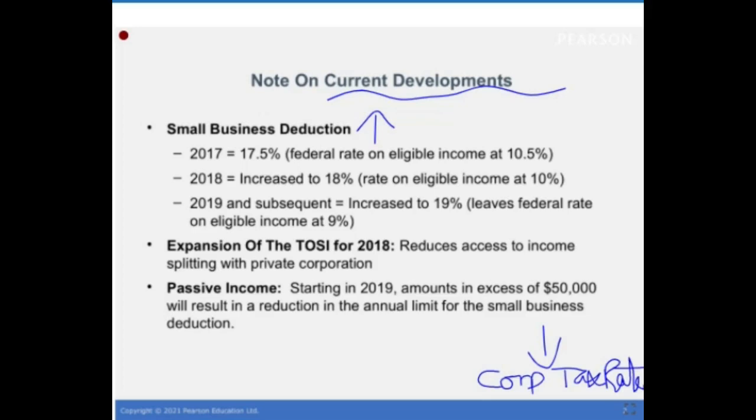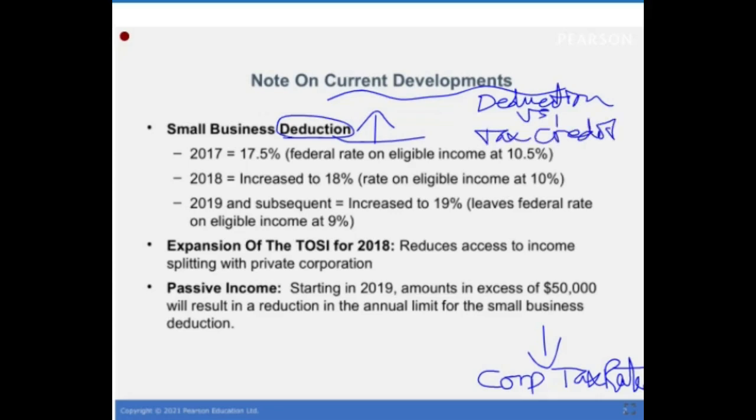So the small business deduction. If you had me in Tax 1, which I know many of you did, it's important to me that you know the difference between a deduction versus a tax credit.